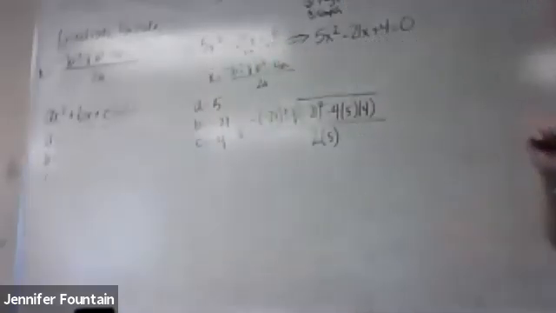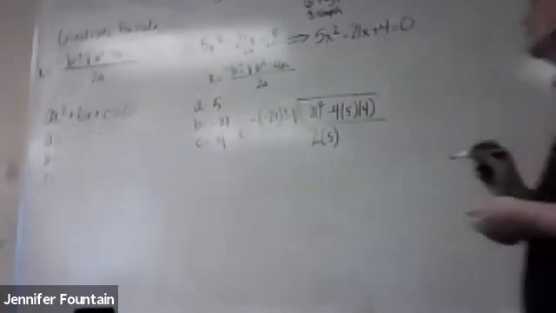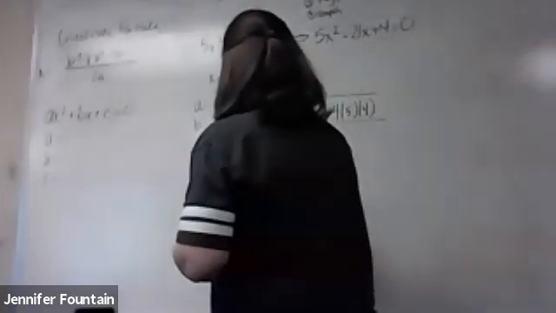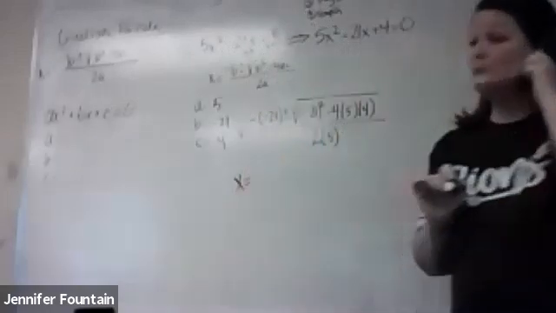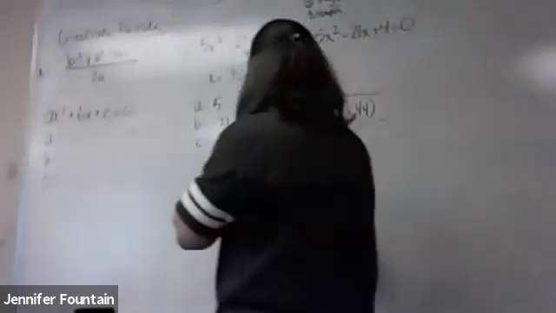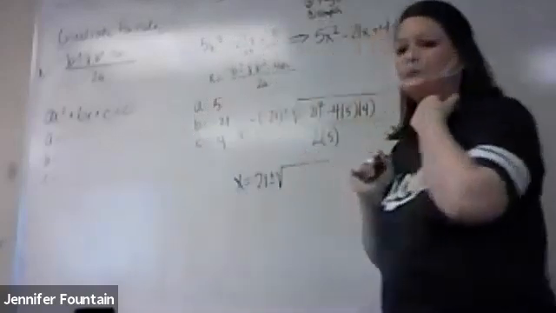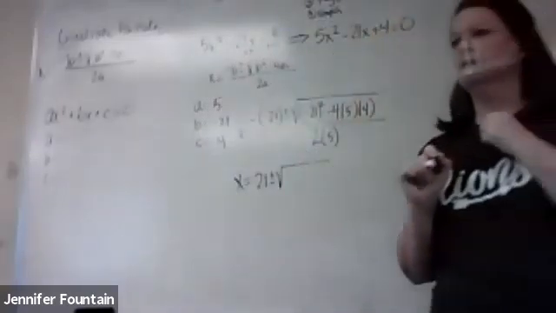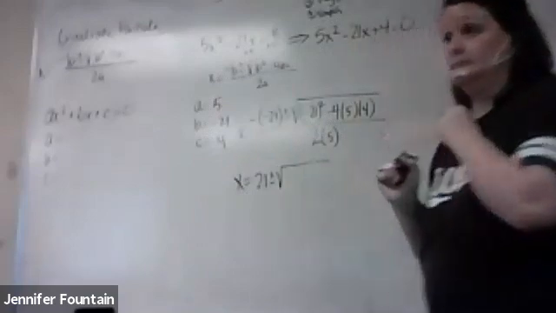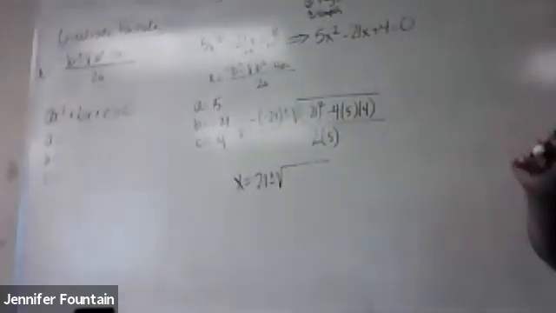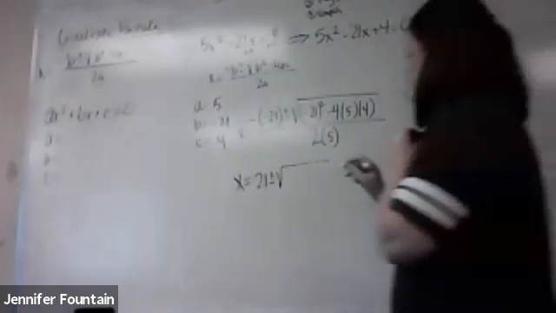That is a lot. -21 becomes positive 21 plus or minus the square root of -21 squared. What is 21 squared? 21 times 21 is what? 441.